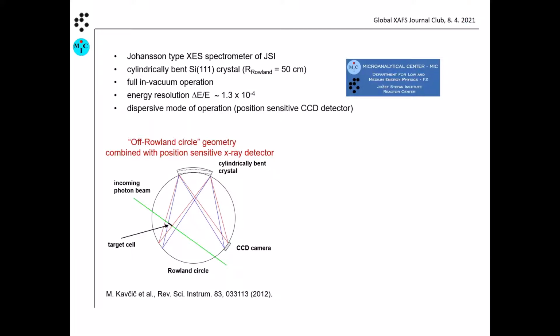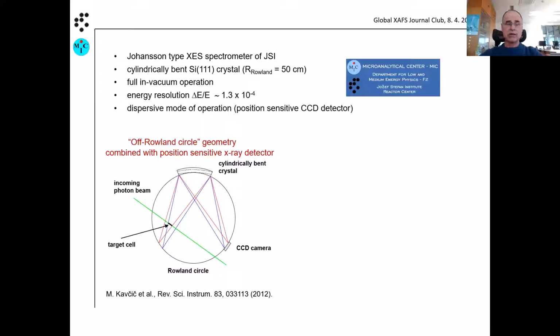It is like I have already explained before. We use basically a Johansson type analyzer. It is cylindrically bent, with a half meter Rowland circle radius, and everything is enclosed in a large vacuum chamber. So a relatively standard solution.